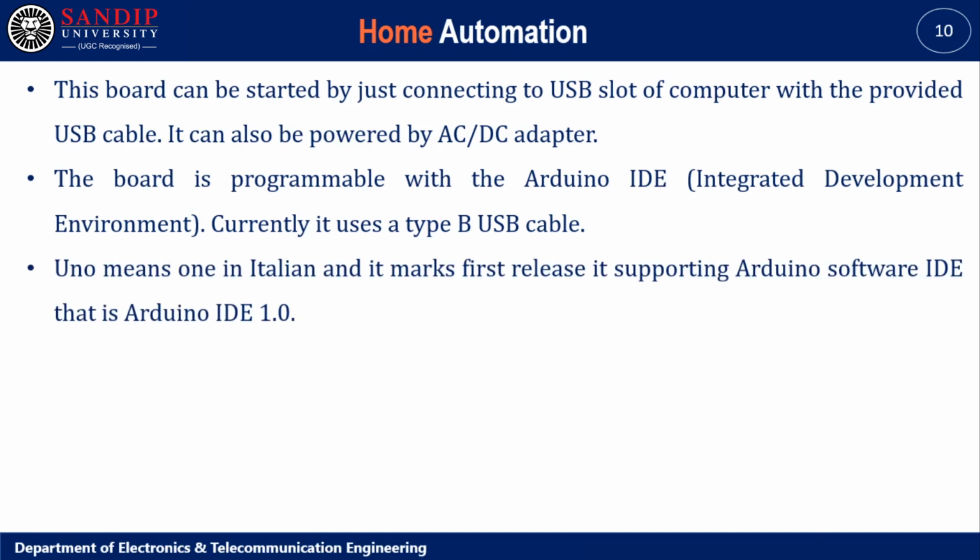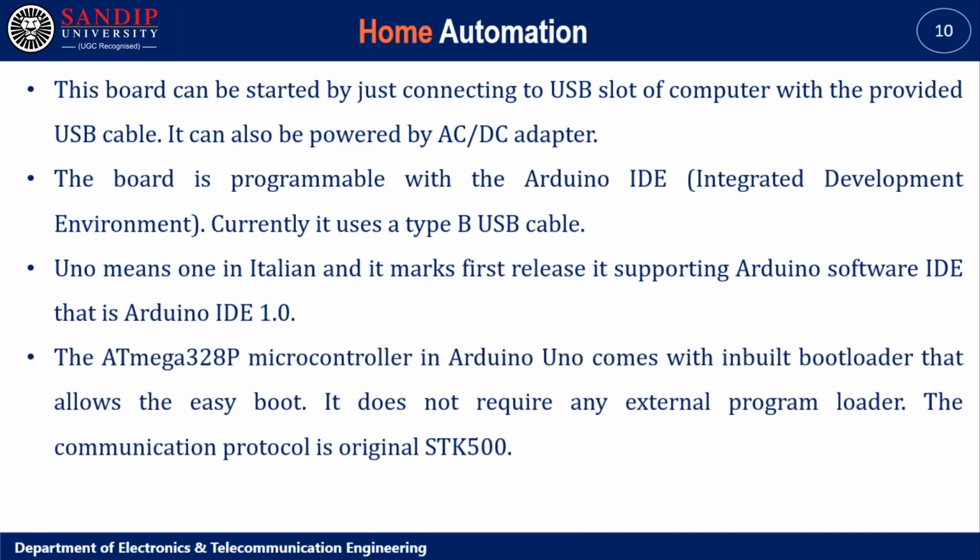Uno means one in Italian and it marks the first release of Arduino software IDE, that is Arduino IDE 1.0. The Atmega 328P microcontroller in Arduino Uno comes with an inbuilt bootloader that allows easy boot. It does not require any external program loader. The communication protocol is original STK500.